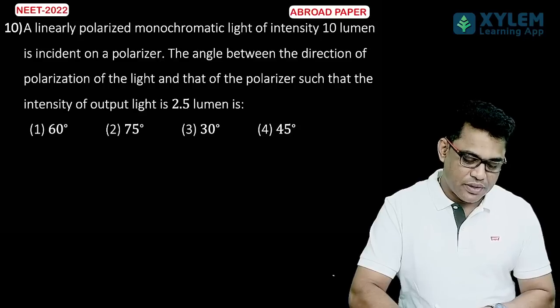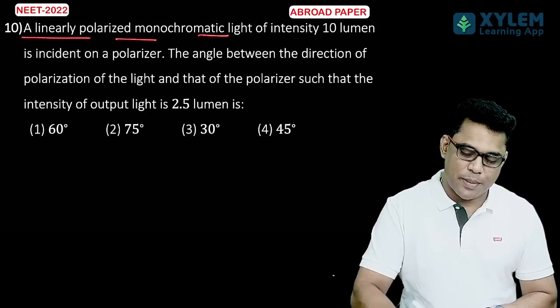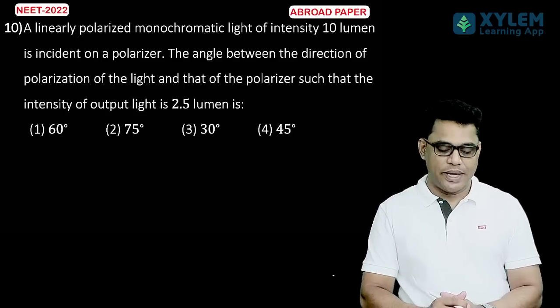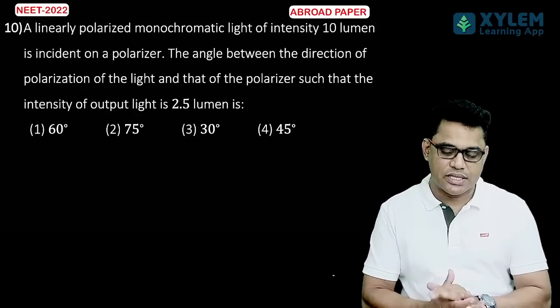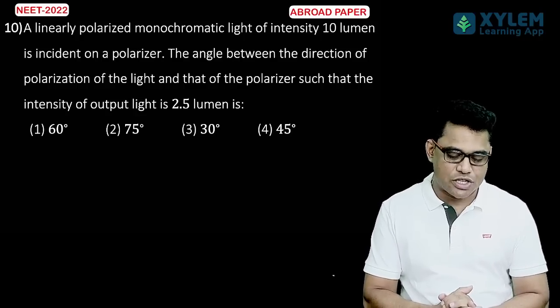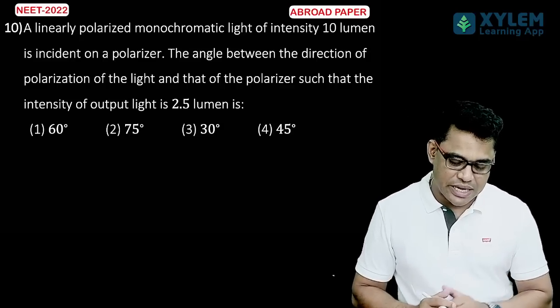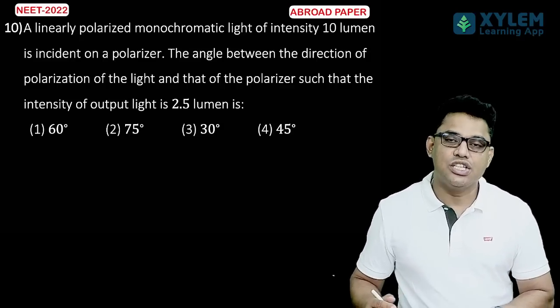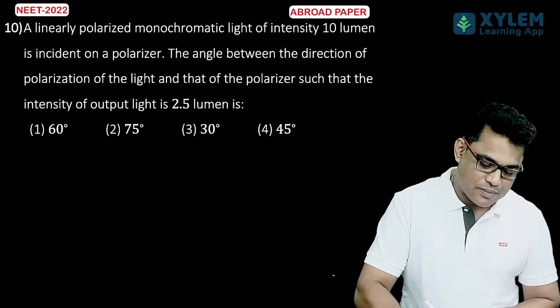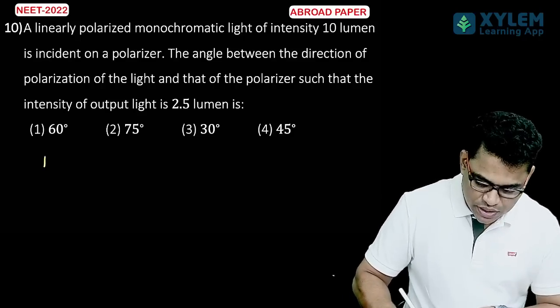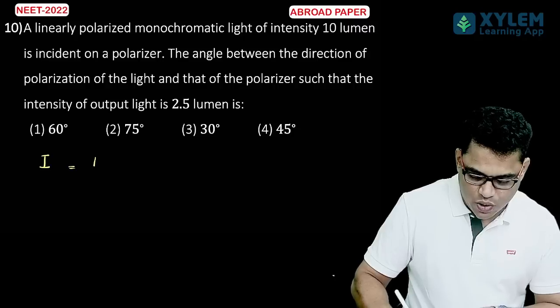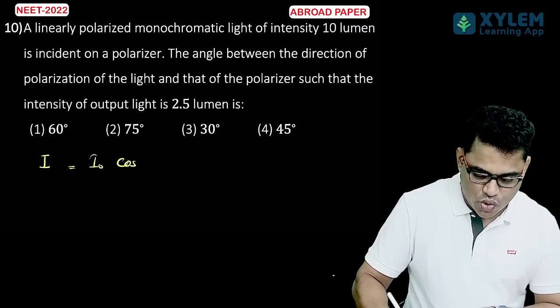10th question. A linearly polarized monochromatic light of intensity 10 lumen is incident on a polarizer. The angle between the direction of polarization of the light and that of the polarizer such that the intensity of output light is 2.5 lumen is. You know, from Malus law, intensity is equal to I0 cos square theta.